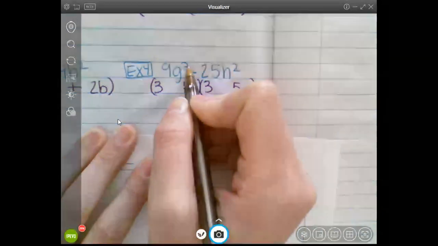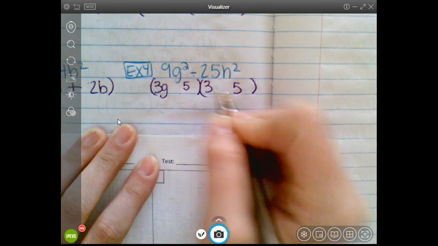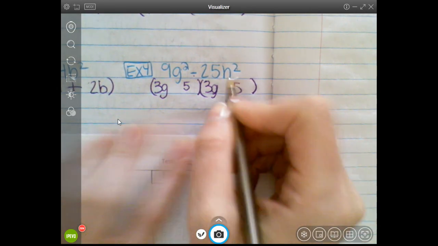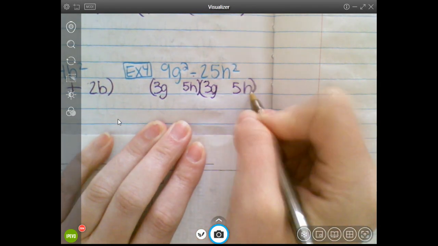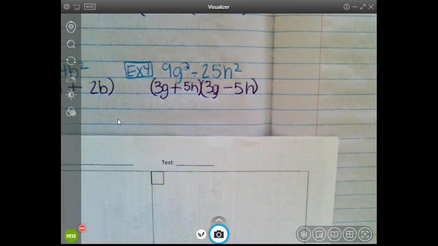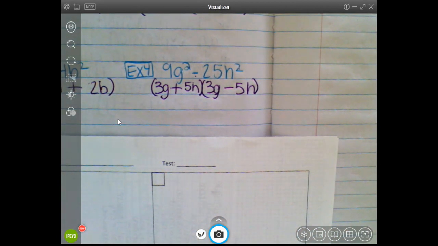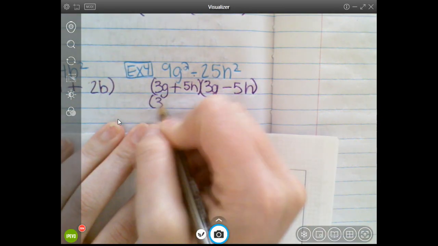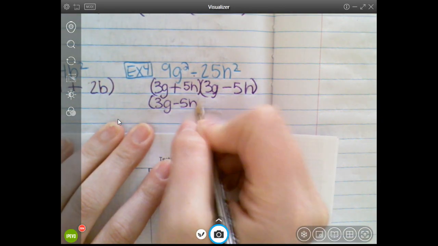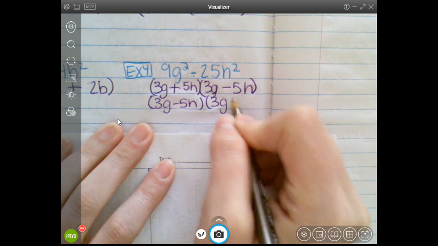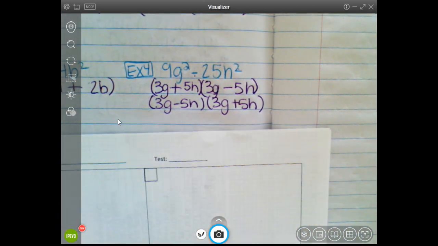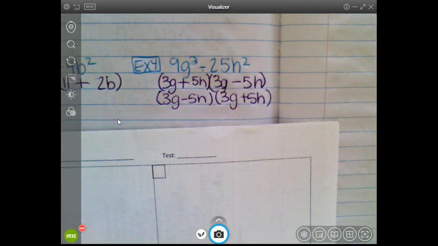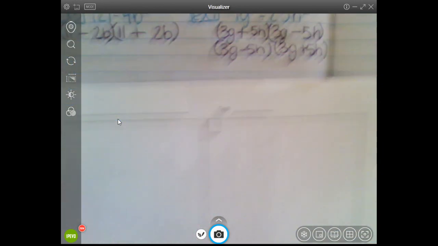Now G squared, so I need a G and a G with the 3. And H squared, so I need an H and an H with the 5. One positive, one negative. And on your Edge Elastic, I'm going to put in both ways, so I'll also put this as an answer. And if for some reason something's typed in wrong, you know I check it and go back. So don't panic.